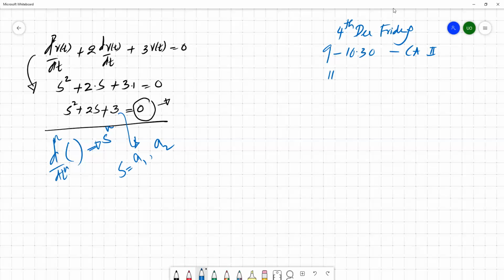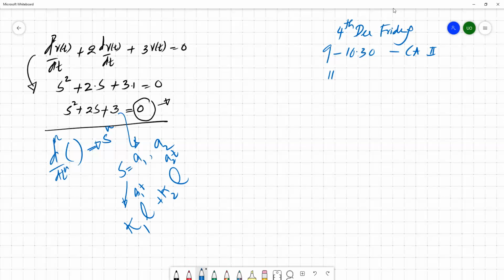This is a quadratic equation, so you end up with 2 roots. Once you solve this quadratic equation, you can write the natural response like this: k1 e to the power a1t plus k2, another constant, e to the power a2t. So this is the natural response of the second order circuit or second order differential equation.